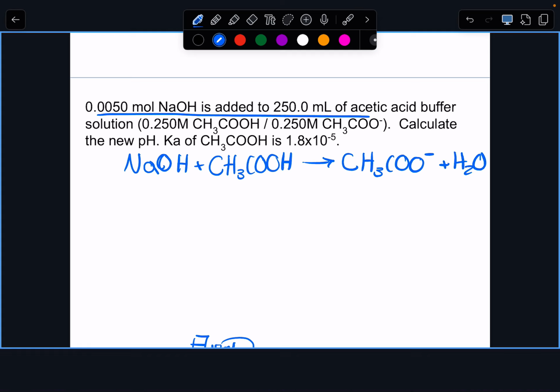Don't worry if your equation doesn't look perfect. The key points are that you have the right two chemicals together, okay? If you write it as OH minus, or if you don't write the water on the other side, that's fine. You just need to make sure if it's a base, you're adding it to the acid. If it's an acid, you're adding it to the base.